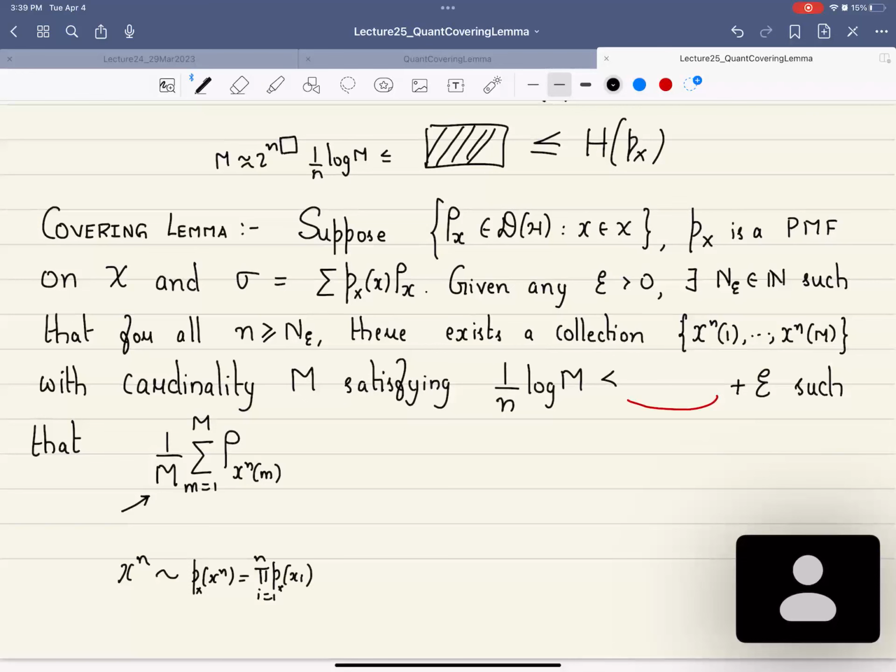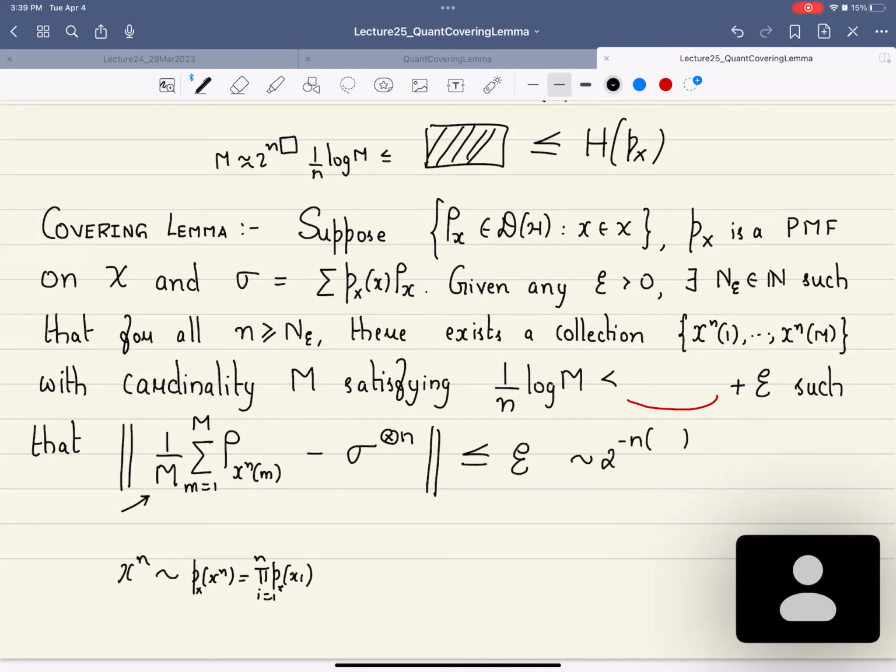The idea is that nature is also picking uniformly from the typical set, right? Everything else it's kind of throwing off. So that's kind of the idea. So minus sigma tensor n, this is very small. Actually, it's going to go down exponentially, but that's fine. It'll be less than epsilon.